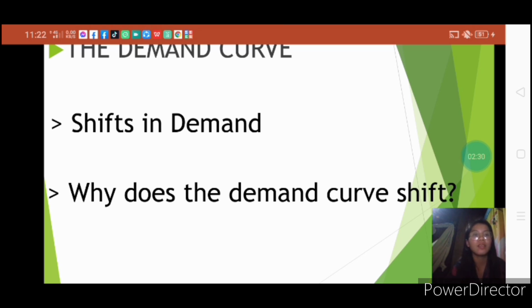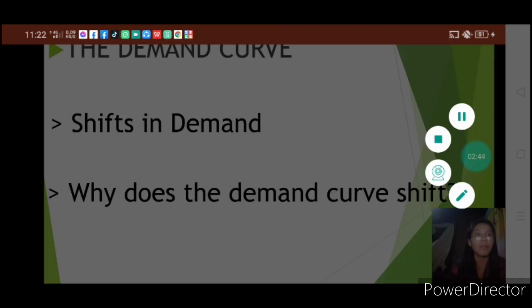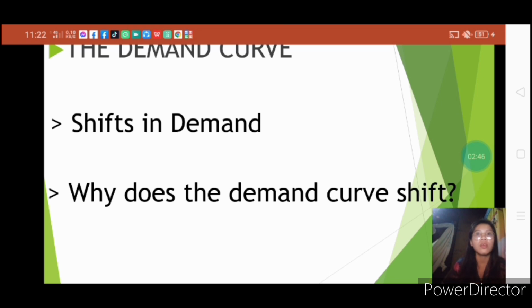So why does the demand curve shift? The demand curve shifts when there are changes in factors other than a good's own price which affect the quantity purchased.